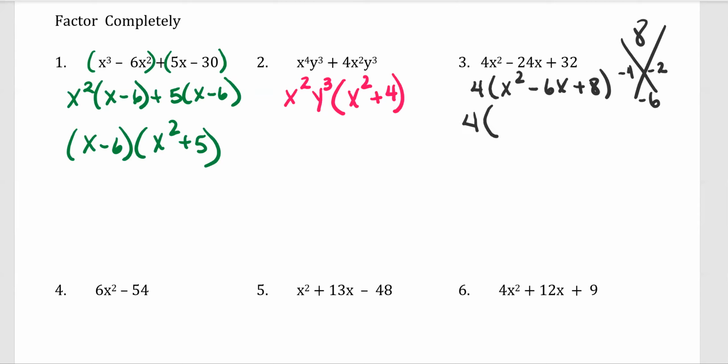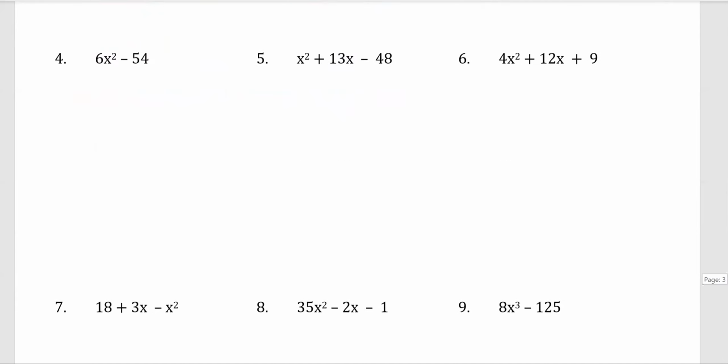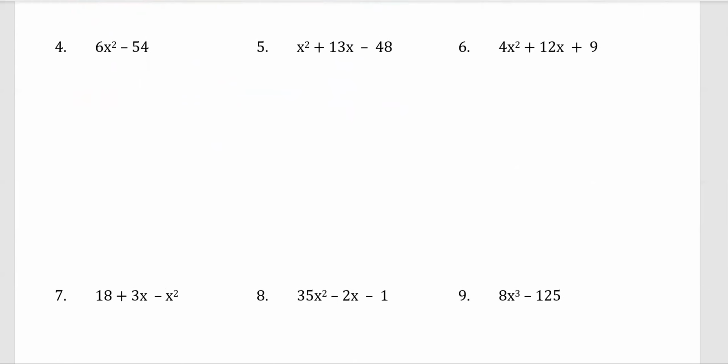So our final answer. Number 4, 6 and 54 have a common factor of 6. X squared minus 9 is a difference of perfect squares.